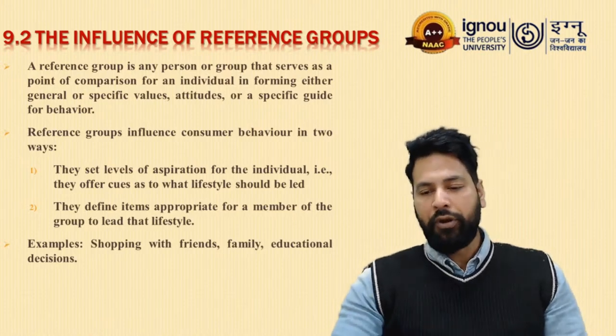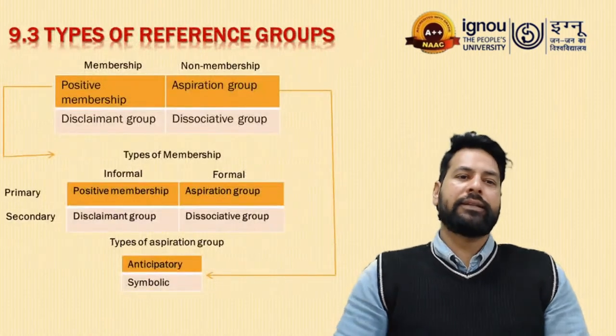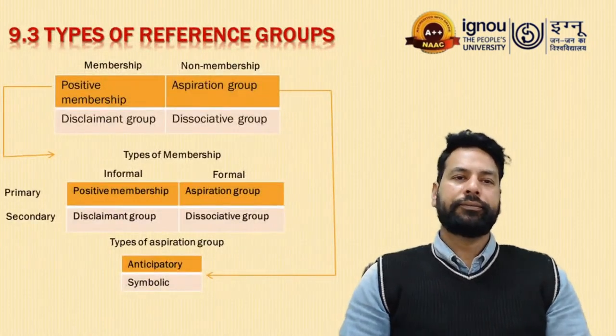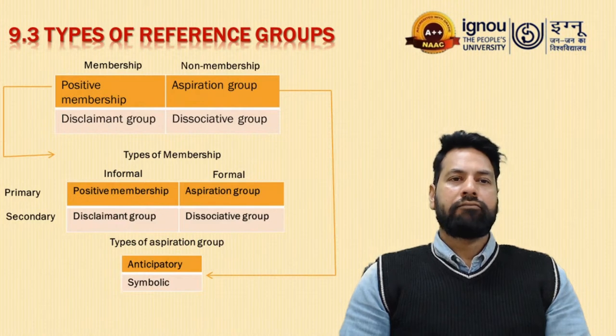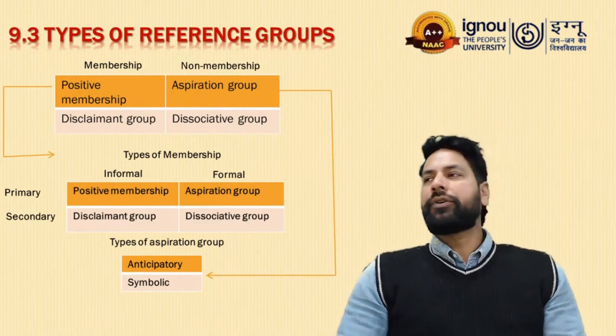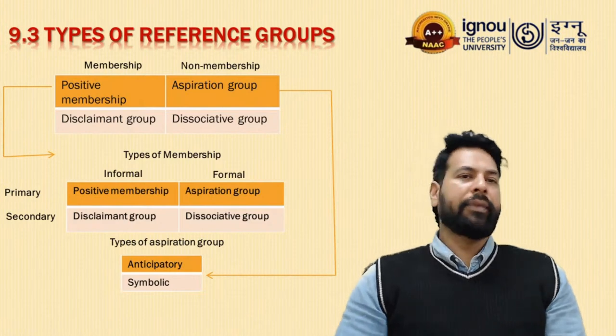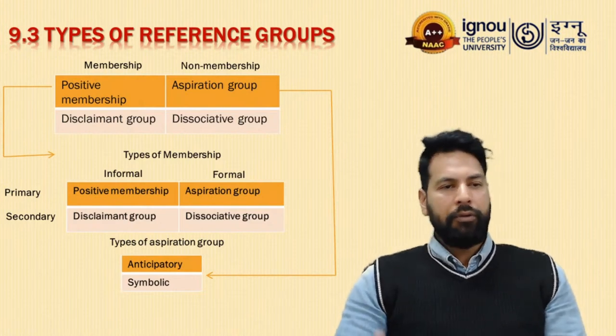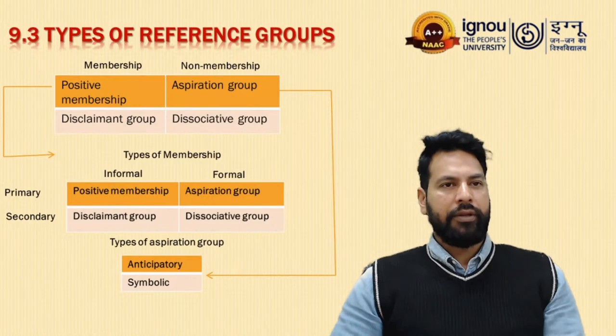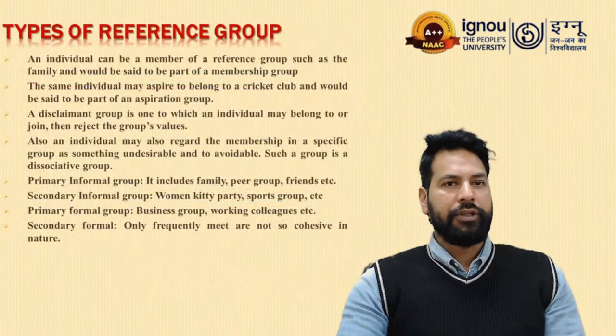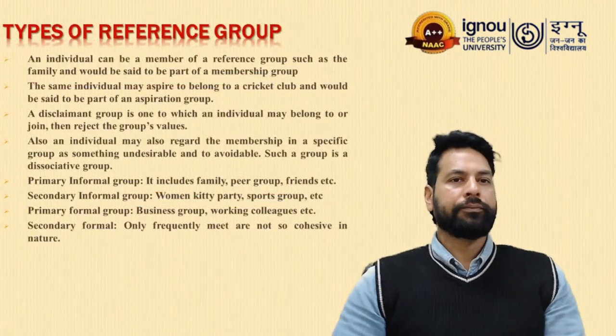Now here, after this, we'll talk about the different types of reference group. Look at this. Just look at this. Membership. I will explain this term in the next slide. Membership, dissociative membership. Just have a look at it. And then we'll discuss the types of reference group.